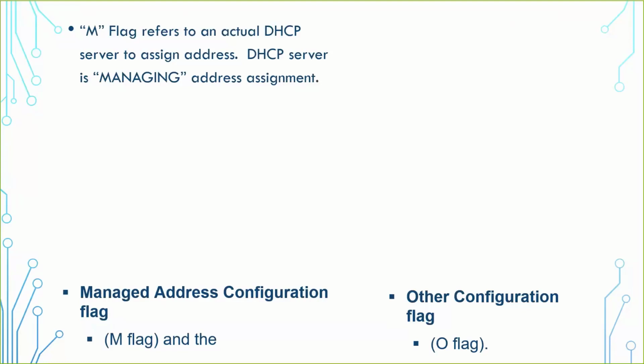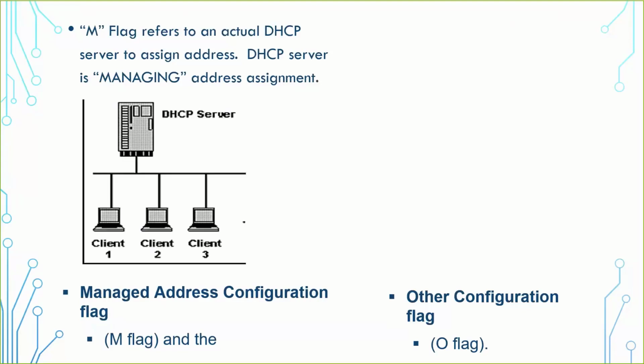Your M flag is always referring to the DHCP server assigning addresses, always. Think of it like the DHCP server managing address assignment. So if I'm using a DHCP server, the DHCP server is giving out the addresses. That means the M flag is going to be on.